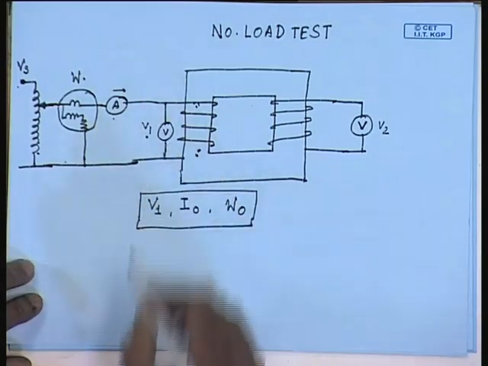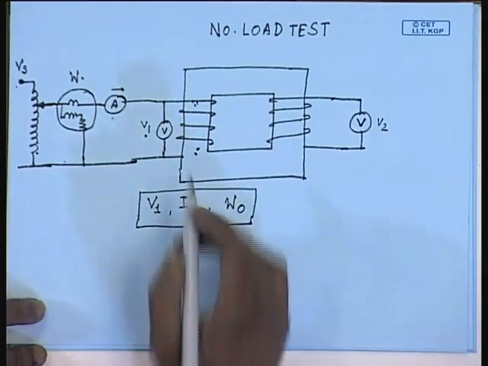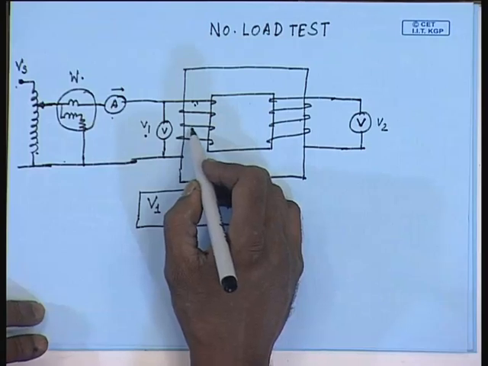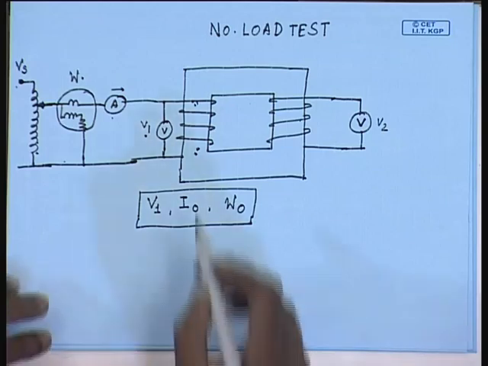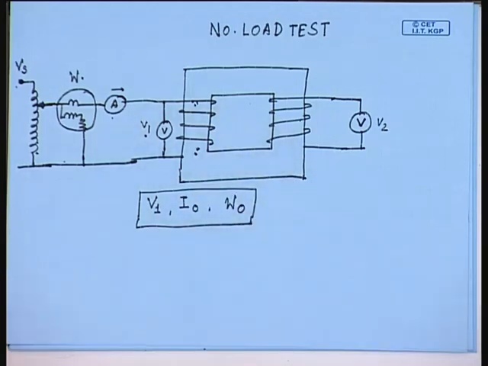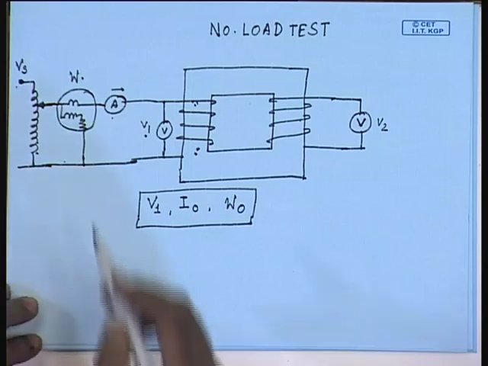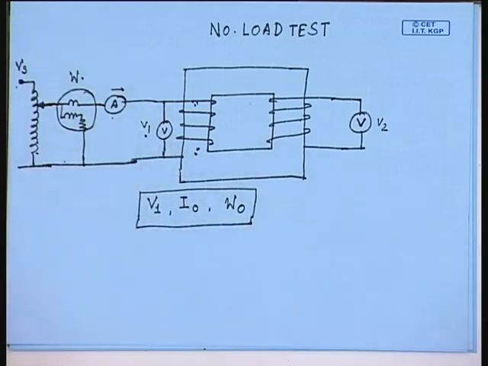The meters should also be rated at the high voltage winding rating of the transformer. The second problem is, since the transformer is in open circuit condition, it draws only no load current. Now, the no load current of a well designed transformer is less than 5% of the rated full load current.